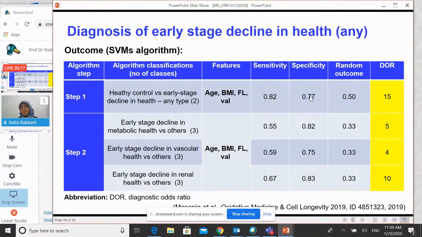Sensitivity was 82%, specificity 77%, and diagnostic odds ratio 15. And then in the second step, we were able to separate these three conditions with diagnostic odds ratios of 5, 4, and 10. So this is still very impressive when there is very slight difference.